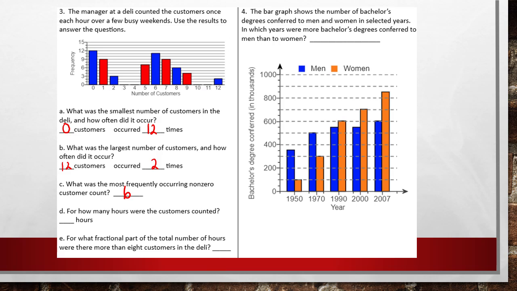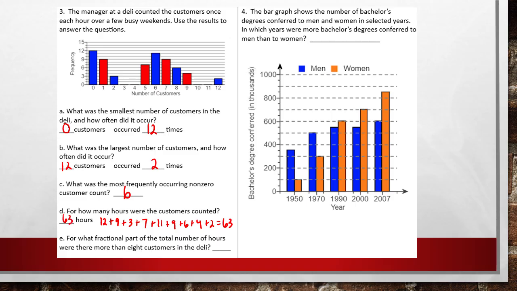For the first one we had 12, then we had 9, and then we had 3, and then we had 6, 7, and then we had 11 it looks like, that blue bar, and then for 7 it was 9, and then for 8 we're sitting at 6, and then for 9 we're at 4, and then they didn't have any for 10 or 11. At 12 we had 2. So if we add all of those up, we have a total of 63 hours.